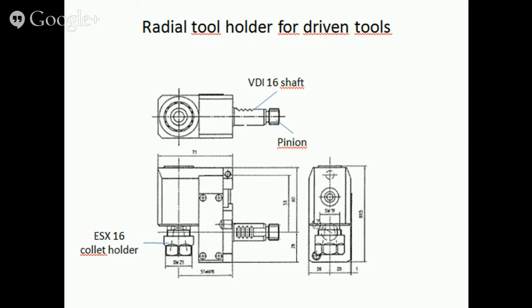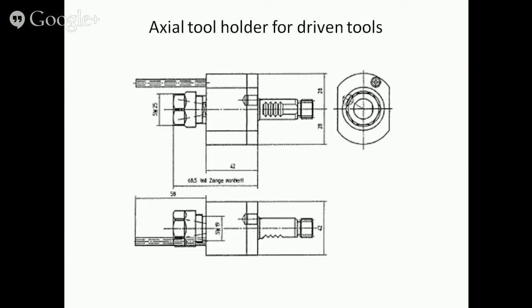Coolant is provided by an adjustable nozzle. This is an axial tool holder for driven tools. The pinion drives the EXS16 collet directly. Coolant is provided by a copper tube.